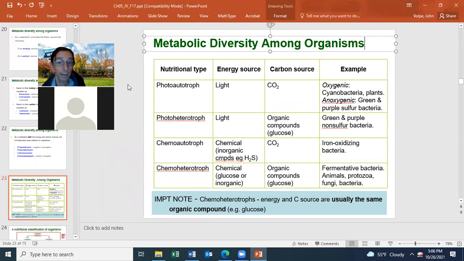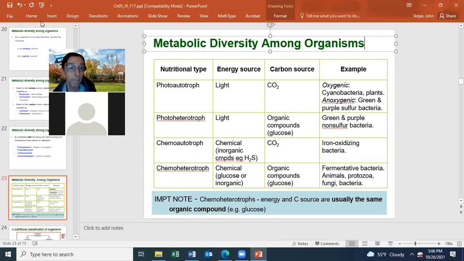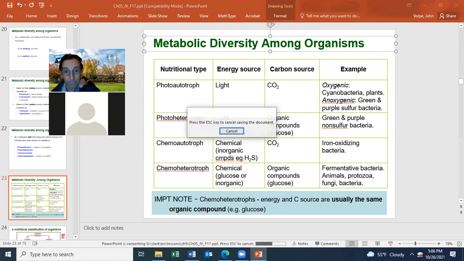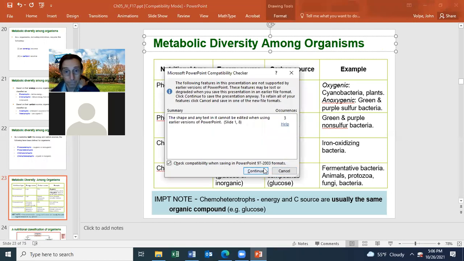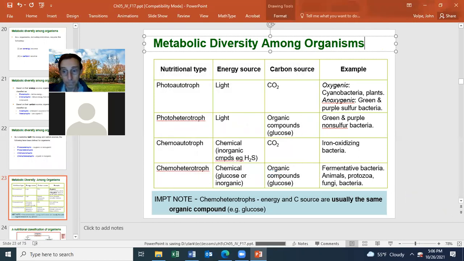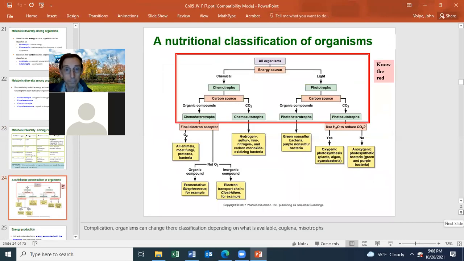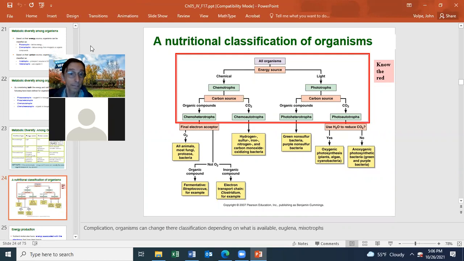Any question about any of that? Let's go ahead and save the slide. You do need to know the classification system that's shown in red here. Let me blow this up so you can see it better.